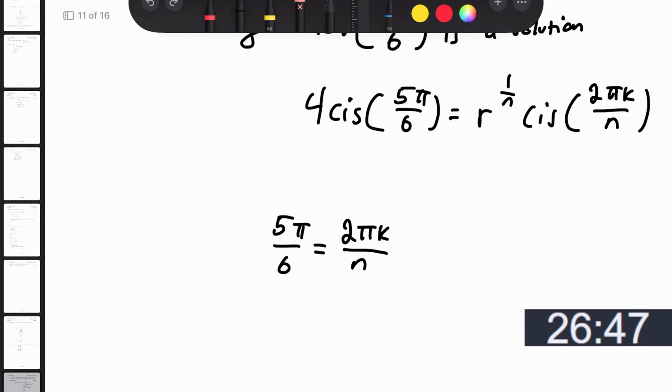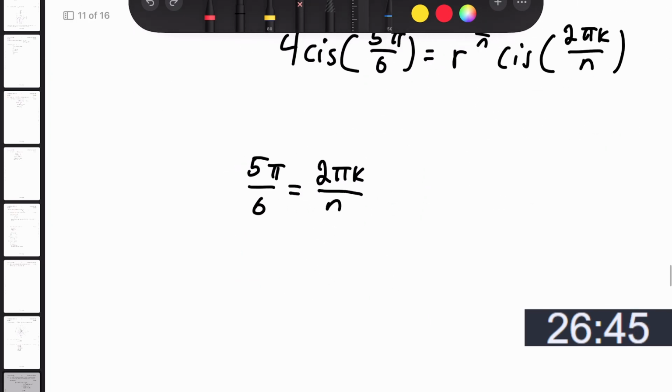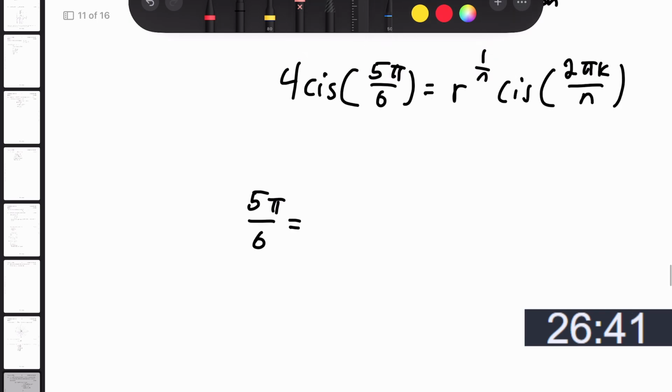And so let's say 5 pi on 6 is equal to 2 pi k on n, so 5 on 12.